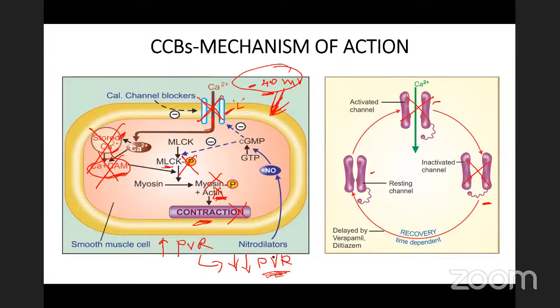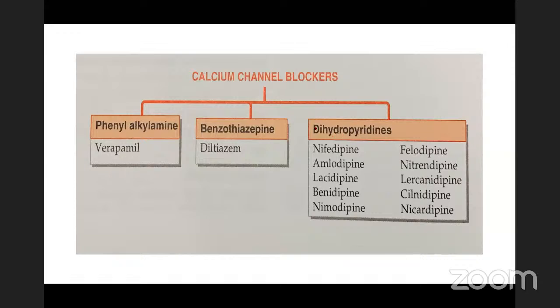So this is the classification of calcium channel blockers. They are mainly classified into dihydropyridines and non-dihydropyridines. Dihydropyridines are highly potent drugs, and they are lipophilic, whereas the non-dihydropyridines, verapamil and diltiazem, are hydrophilic and less potent.